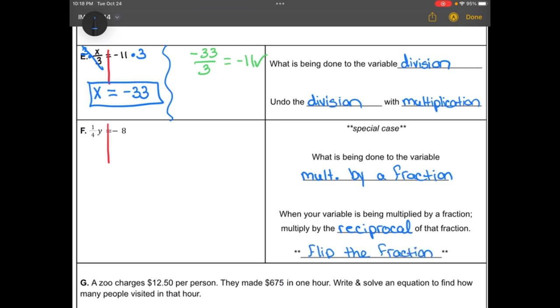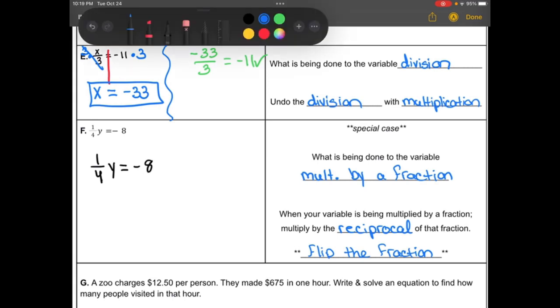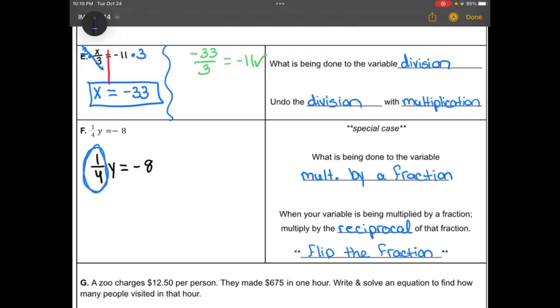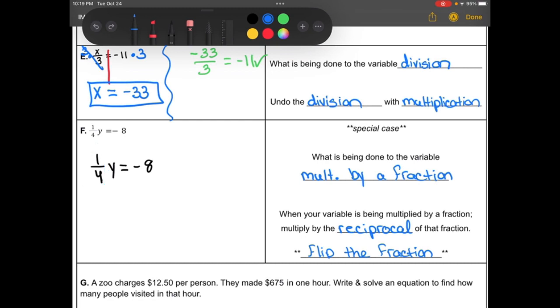I'm going to take 1/4 and flip it upside down to multiply it. I'm rewriting this example a little further down so I can have more space to work. What I mean by multiply by the reciprocal, I'm going to take this fraction and flip it upside down.